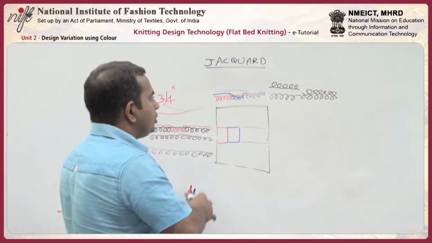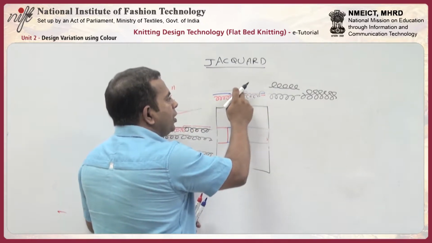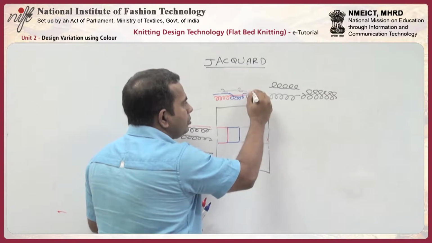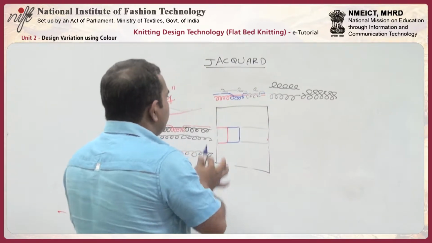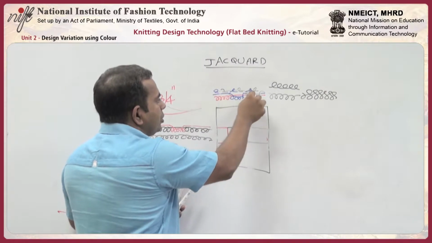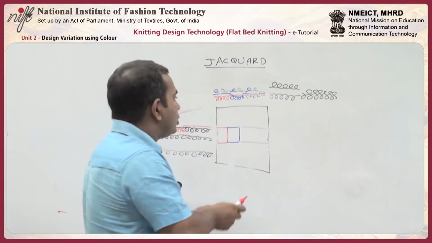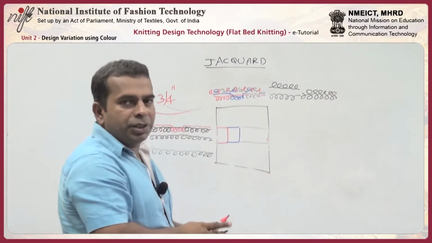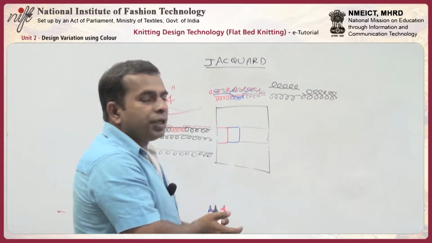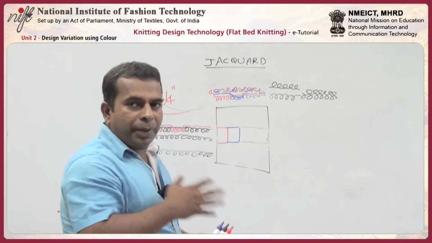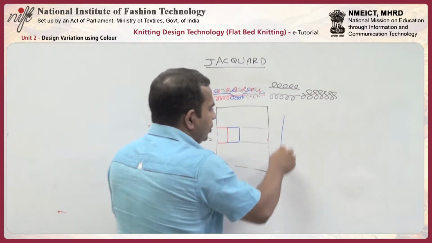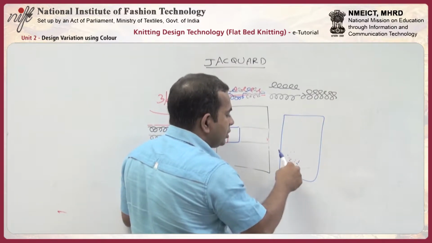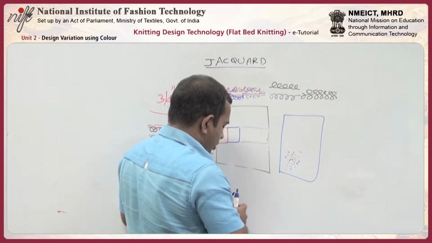So what we need to do is, to break this long float, we need to knit in some area at the back side. So few random knits will happen on the back side with all these different colors, so that no long continuous floats are created. So when we do the random knitting at back, certainly it is going to create certain pattern, and that pattern will look like a fabric with lot of dots with varied colors, because the example I have shown was only with 3 colors.